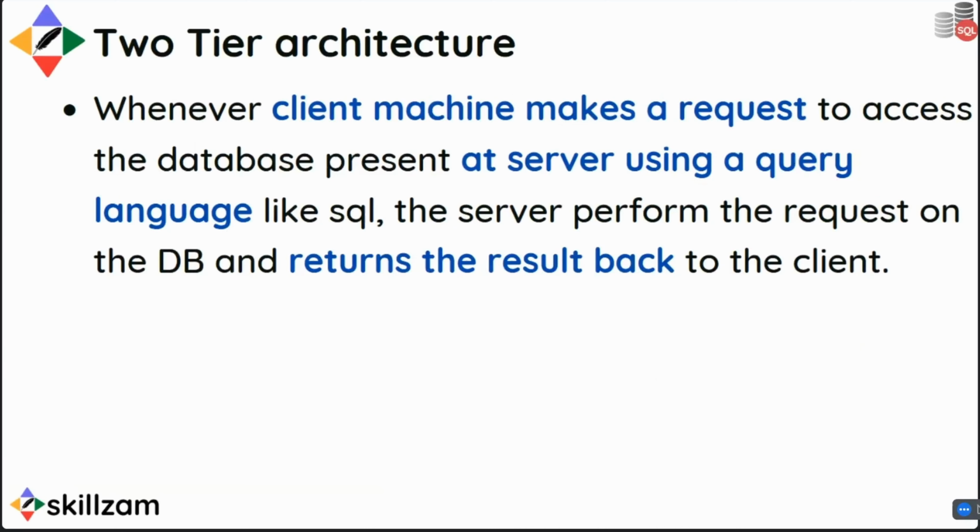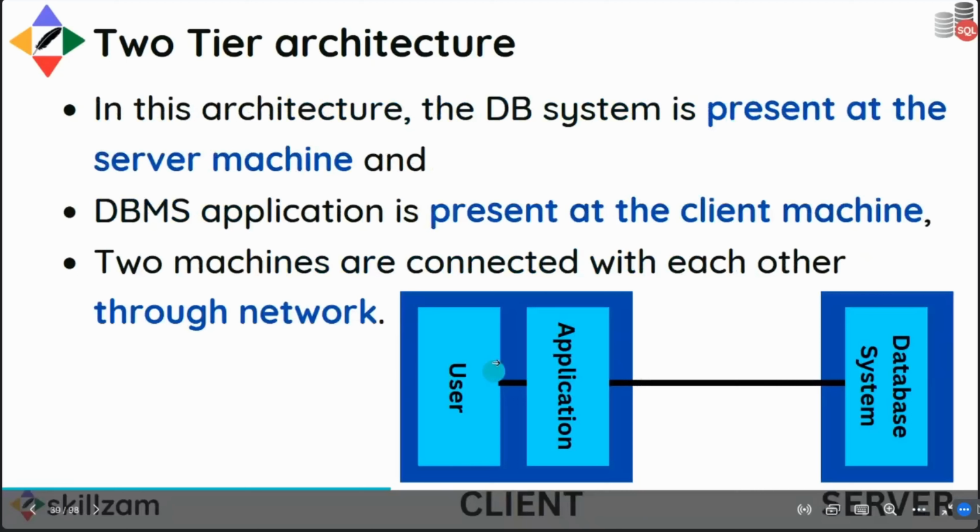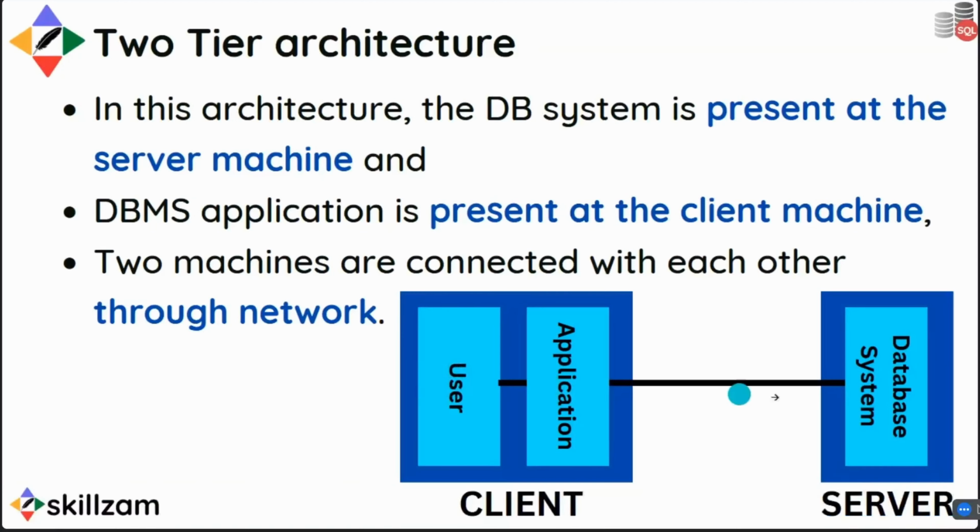Now, let's talk about how we access that using a query language. How does the user, using the application, access the database? Using the query language that is sent through the network, which means you are writing a SQL query. Suppose I want to select all the columns from a table. What would the query be? Select star from the table customer.